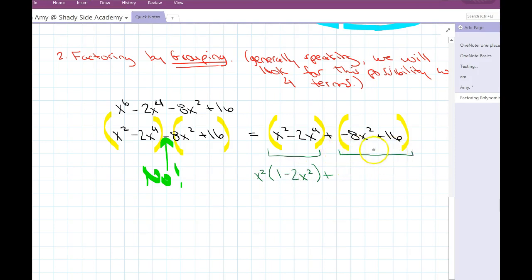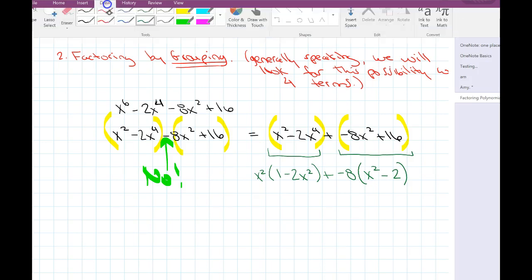Now I'm going to look at this second grouping, and I see that negative 8 is a common factor. And that leaves me with x squared minus 2 inside. Okay, and oh my goodness, what happened? Hold on a second.